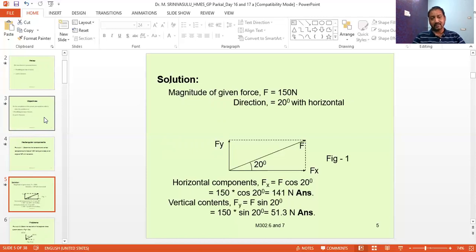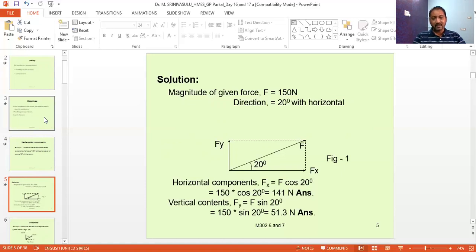Now the given force is shown in the figure, force F of 150 newtons making an angle of 20 degrees with the horizontal. Now we need to find out the horizontal and vertical components of this given force.